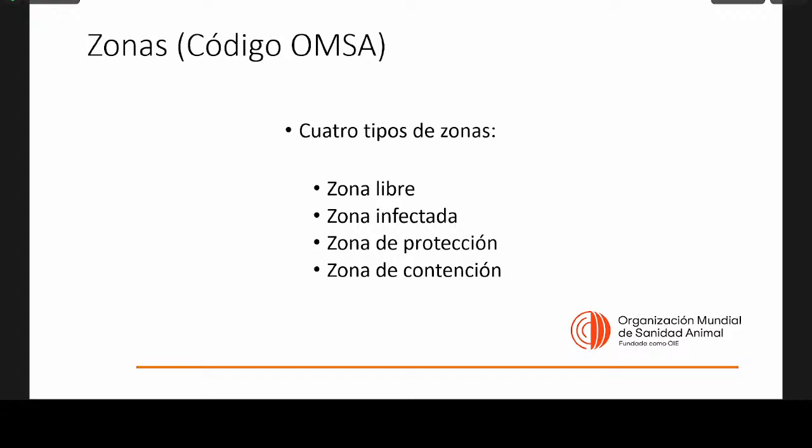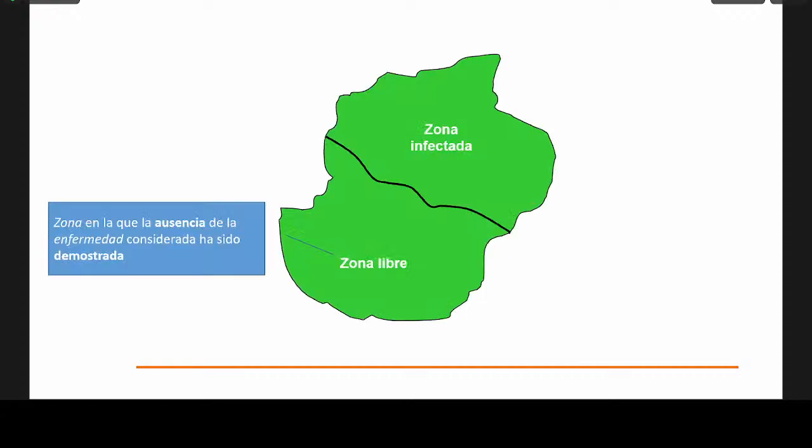The WOA code recognizes and defines 4 types of zones: the free zones, the infected zones, and 2 concepts that are relatively new, which are the protection area and the containment area. So a free zone is an area in which the absence of disease has been demonstrated.